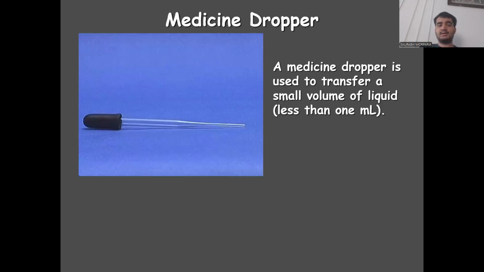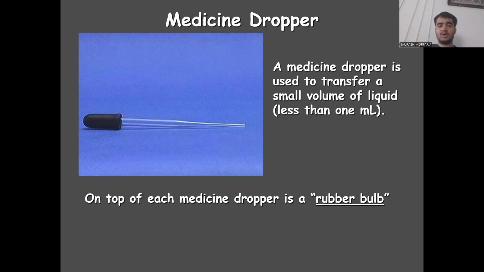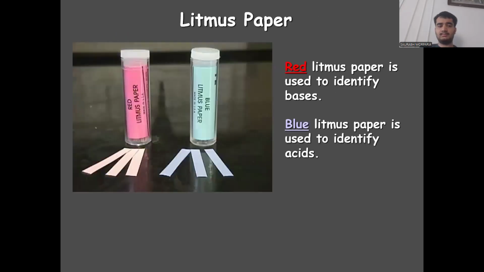Medicine dropper. A medicine dropper is used to transfer a small amount of liquid, that is less than 1 ml. On top of each medicine dropper is the rubber bulb. Litmus paper. Red litmus paper is used to identify the bases.